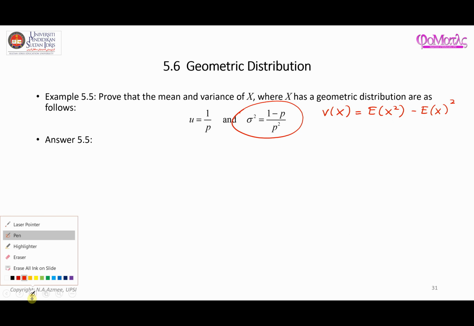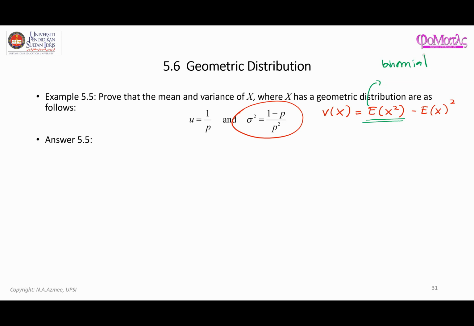However, in this case, you can see that finding this is going to be a bit difficult, and so we're going to do a little bit of manipulation, which you have already seen in the binomial video. Instead of finding E(x squared), we're going to find E(x(x minus 1)) plus E(x). This is what we're going to do.